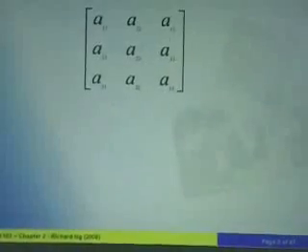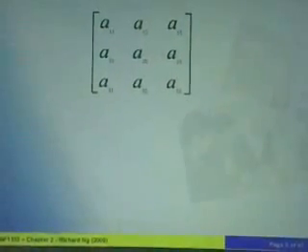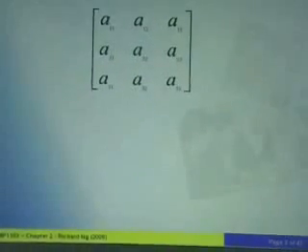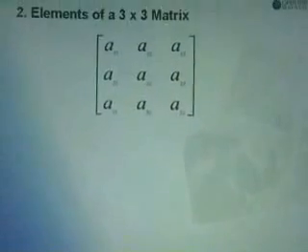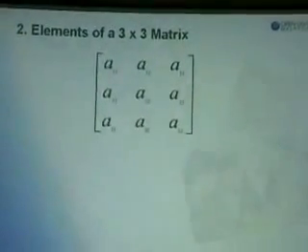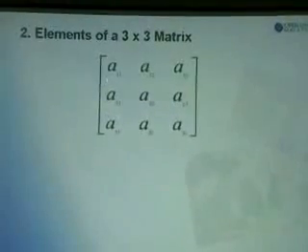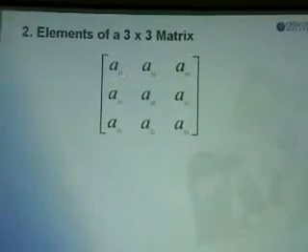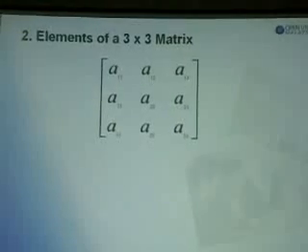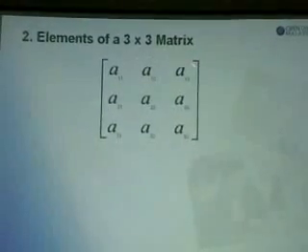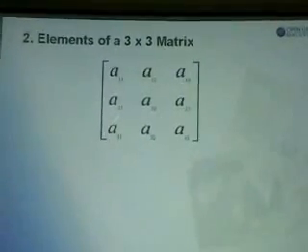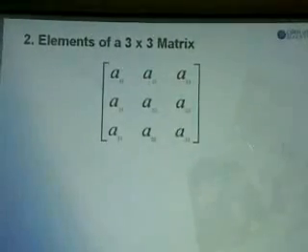In the next slide, I'm going to show you a 3 by 3 matrix because most of the exam questions will be asked on a 3 by 3 matrix. Okay? So for a 3 by 3 matrix, be careful, a matrix is identified by the location of each element. So in this 3 by 3 matrix, we have altogether 9 elements.